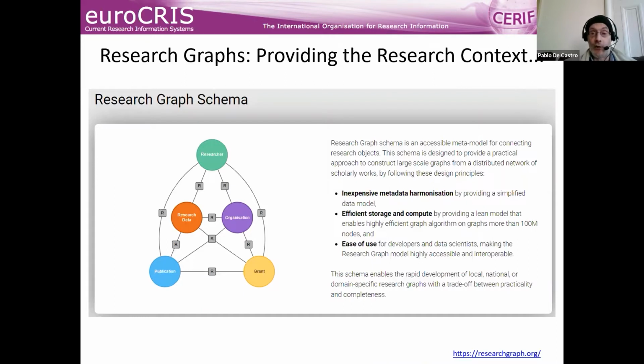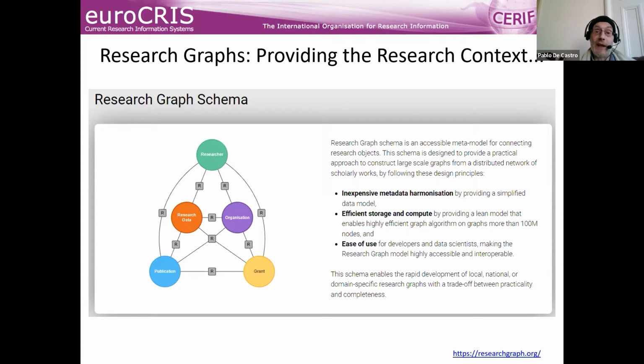closely connected to research information management. You basically can see on the figure on the slide the same kind of entities interlinked with each other. So you have the researcher on top of this research graph. You have the organization there in purple color, the research data, the publications, and the grants.